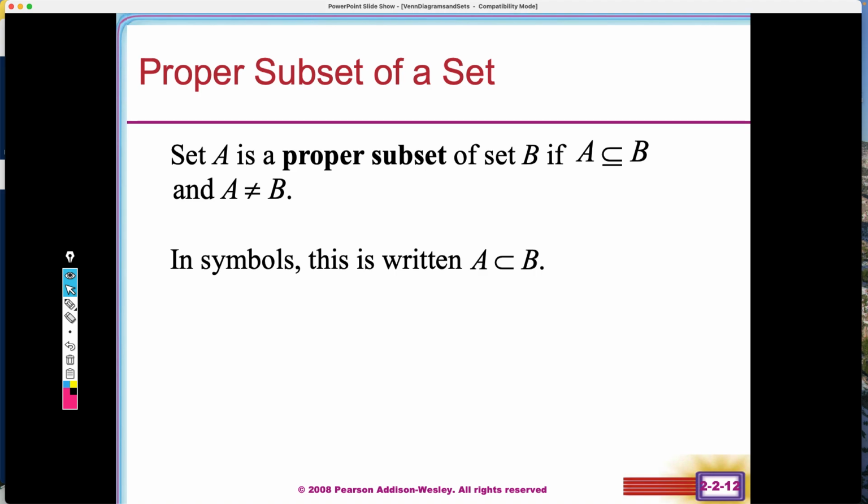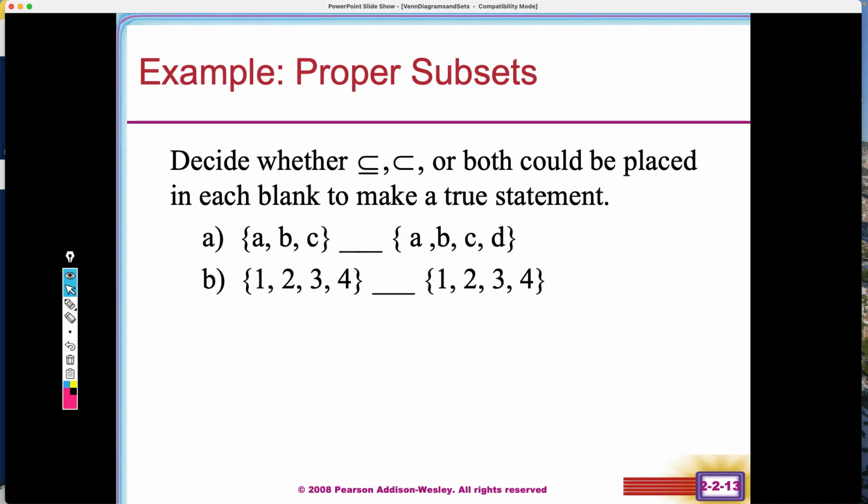And so here, ABC, is it a subset of ABCD? What's the most restrictive? Are they equal?